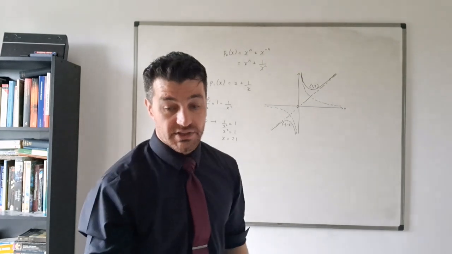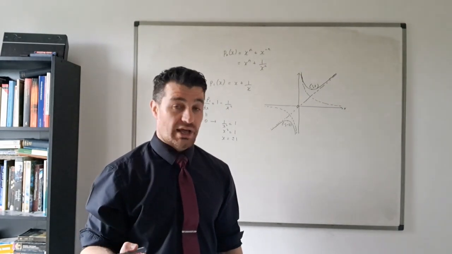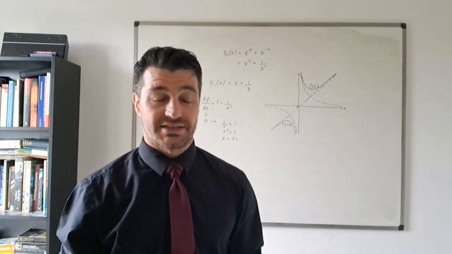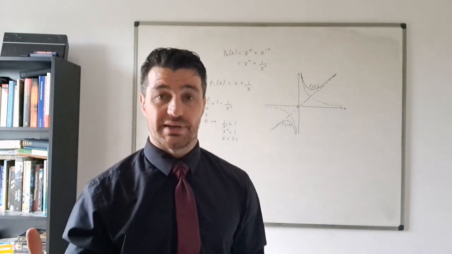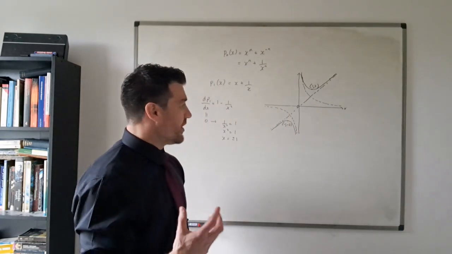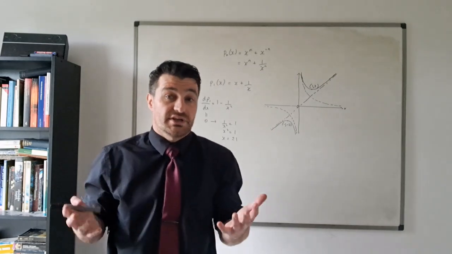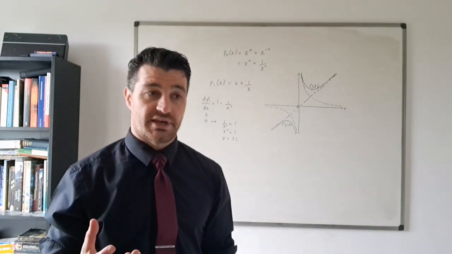So when they ask you to sketch the graph of y equals P_1(x), what they're really wanting to know is how you arrive at your conclusion that this is what the graph kind of looks like, not just because you might know this off the top of your head. If you do, then you do, and you can just draw it. But really, you need to be giving some justification.